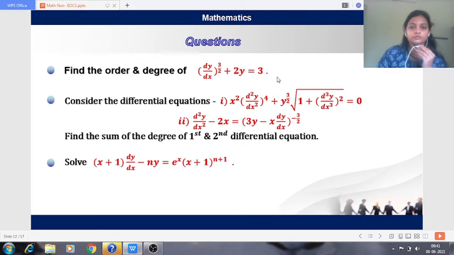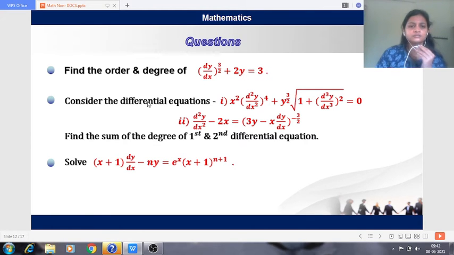After squaring, we easily get the order and degree. The order of the equation is 1 and the degree is 3, because the first order derivative is the highest order derivative, so the order is 1, and the first order derivative has power 3, so 3 is the degree of this equation.